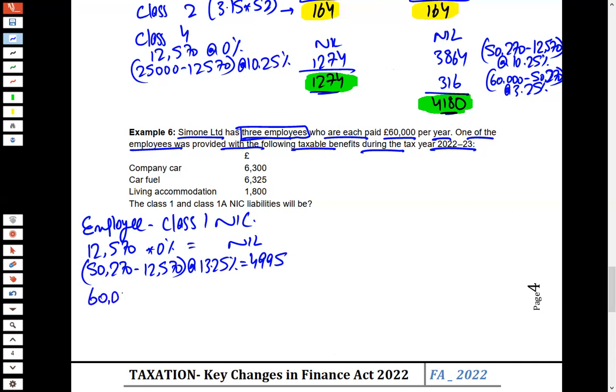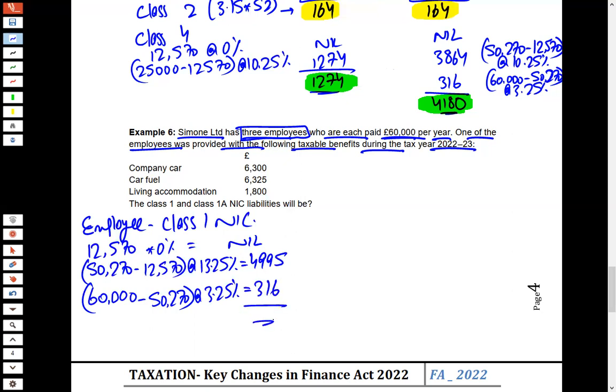Then the salary per employee of 60,000 minus 50,270 at the rate 3.25% works out to be 316.